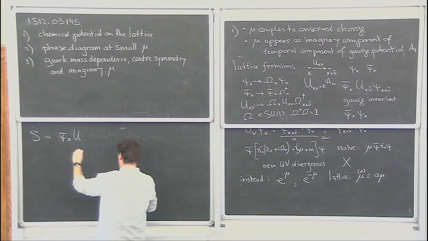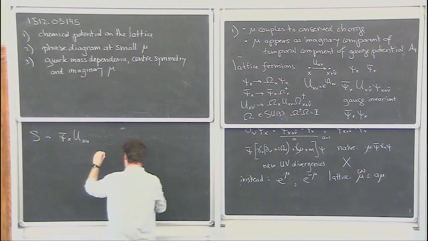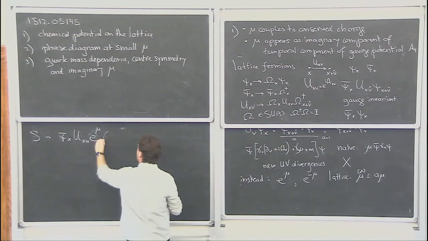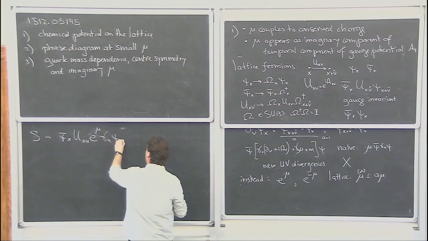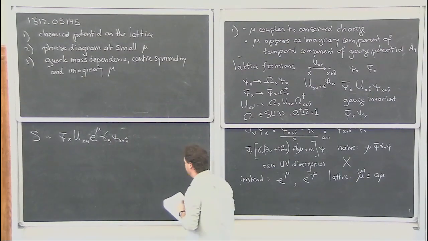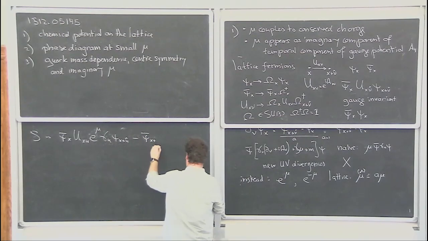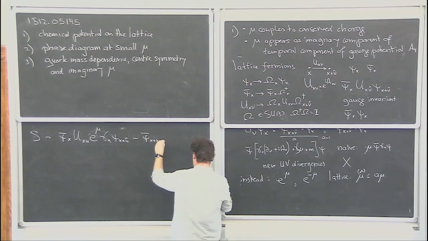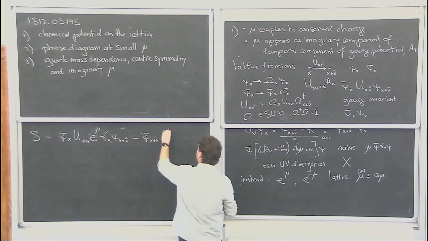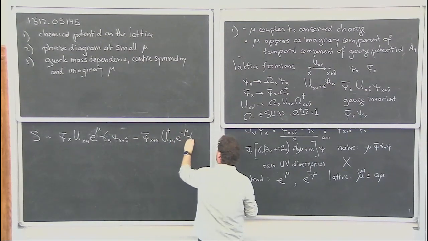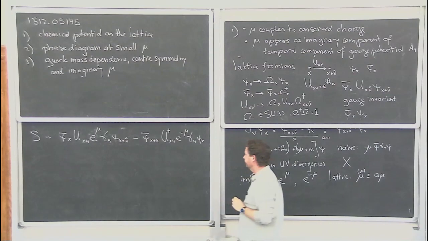Let's just write down the fourth component: psi bar x, and now I write here an e to the mu, gamma 4 psi x plus 4, and I have a backward hop, psi bar x plus 4, U dagger x 4, e to the minus mu, gamma 4 psi x.